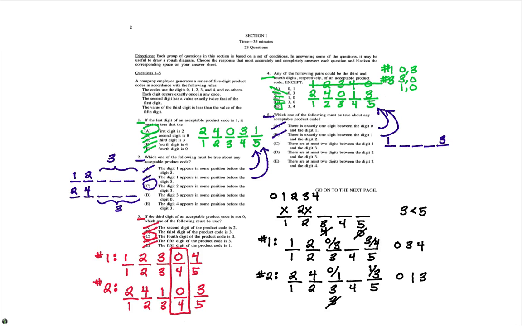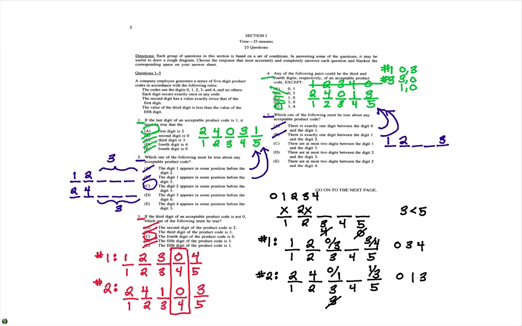And we know that if 1 comes first, exactly twice that 2 comes second. The only remaining digits are 0 and 4. And we know that the third digit must be less than the value of the fifth digit.